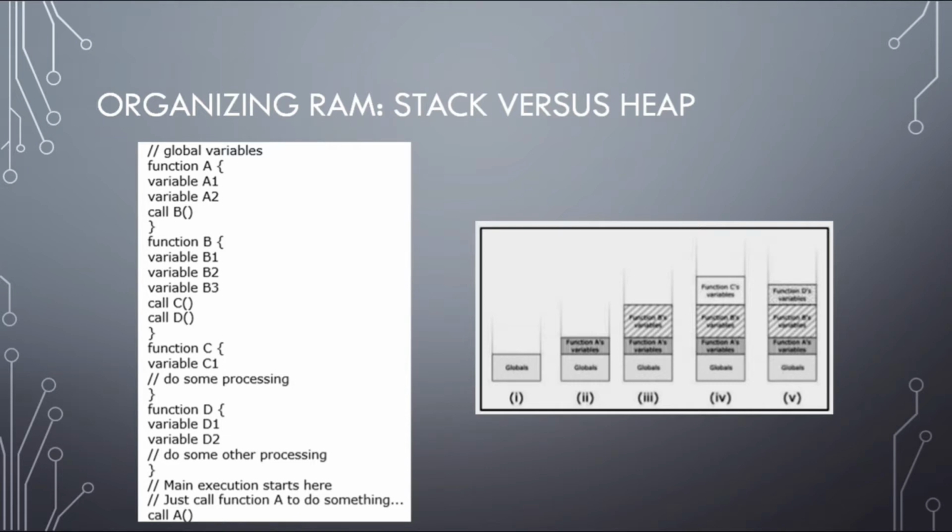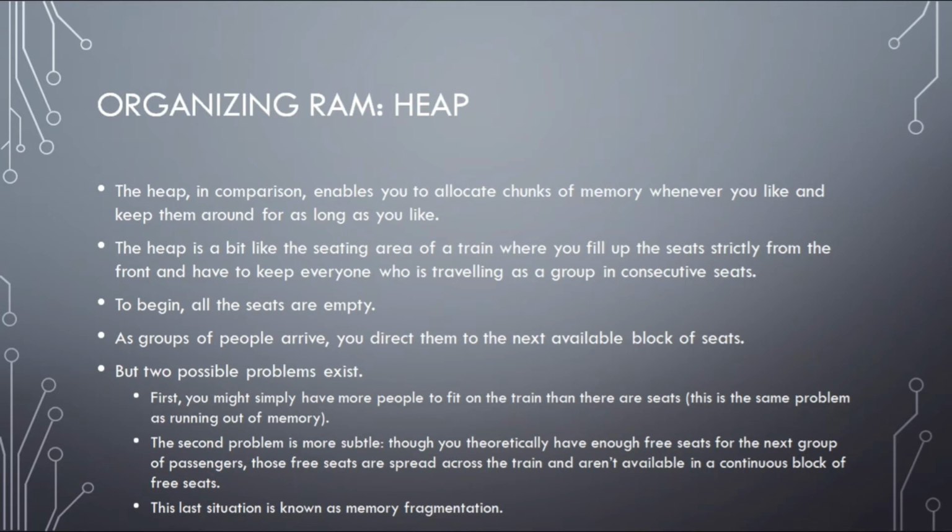As in the slide, the first item in the stack is the global variable, then that of function A, then of function B, then C and D as they are being called by the program. So the stack is always good for items that aren't going to survive for a long period of time and items that remain in constant use from the beginning to the end of the program.